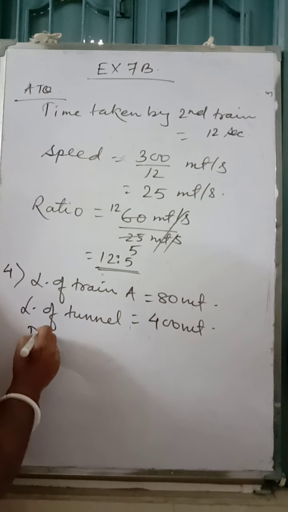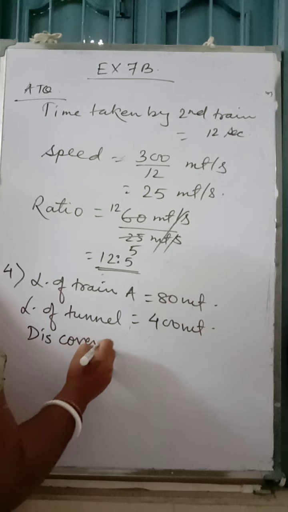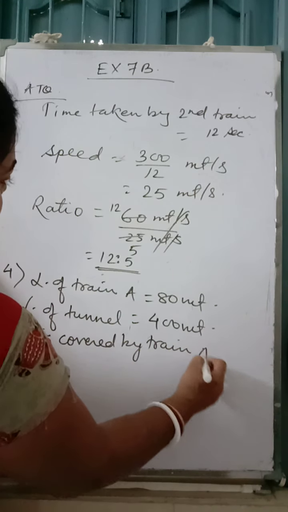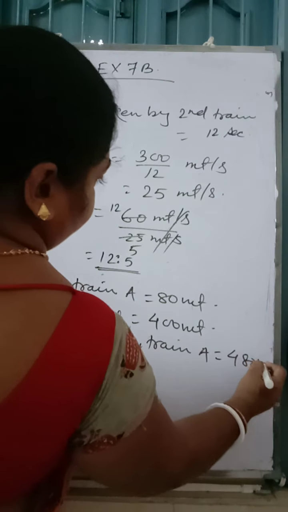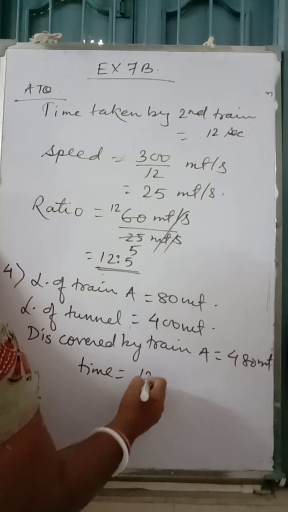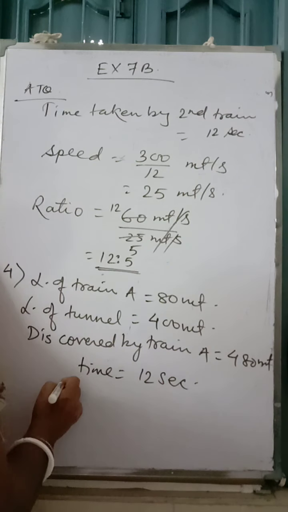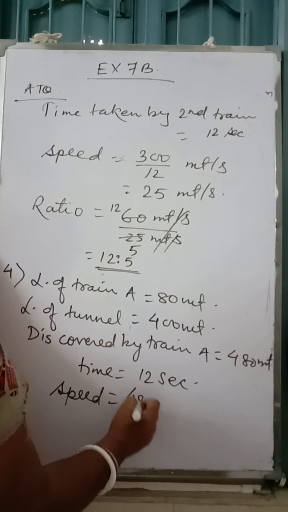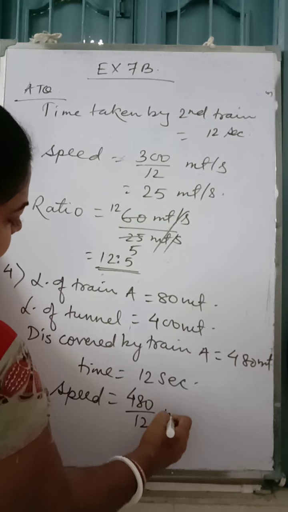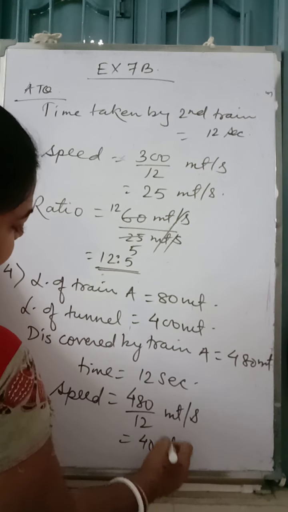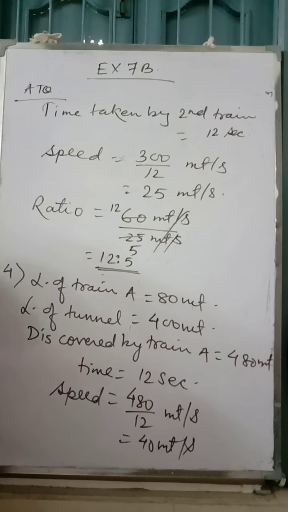So the distance covered by train A is 480 meter. Time is 12 seconds. So what will be the speed? 480 by 12 meter per second, 40 meter per second is the speed of train A.